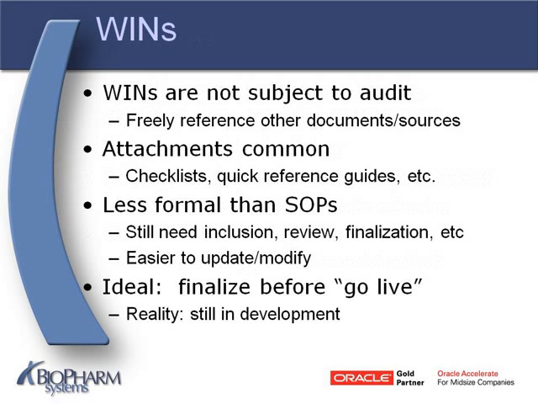WINs are not subject to audit, again, unless you reference them in your SOPs. If in your SOP you say, see WIN number XYZ for the details, then it becomes auditable. So you don't want to do that. You can freely reference other documents and other sources in your WINs.